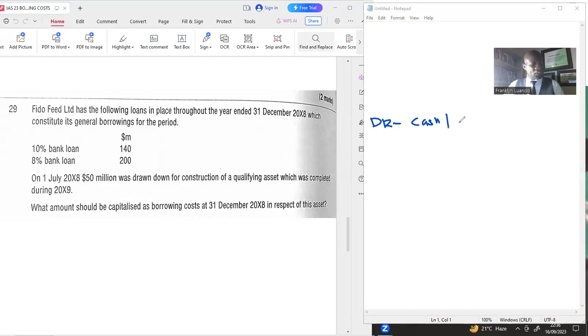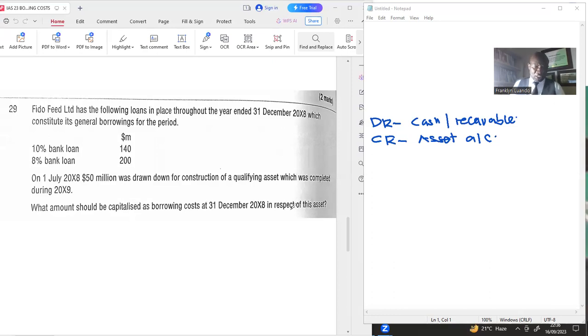If it's not yet received, debit the receivable, interest receivable. And we are going to credit the asset account, because it will reduce the interest to be capitalized. So that is the explanation.